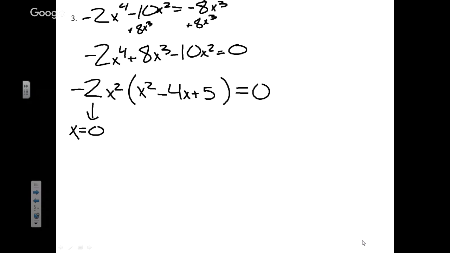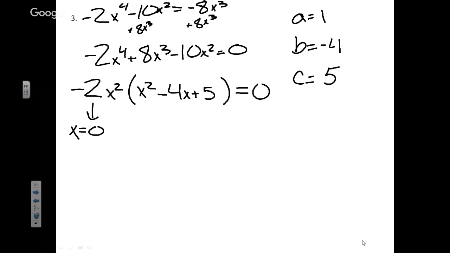So then what we have left is this x squared minus 4x plus 5, which is a quadratic, and we can use the quadratic formula. So what's our a, b, and c going to be for this one? A is 1, B is -4, and C is 5.